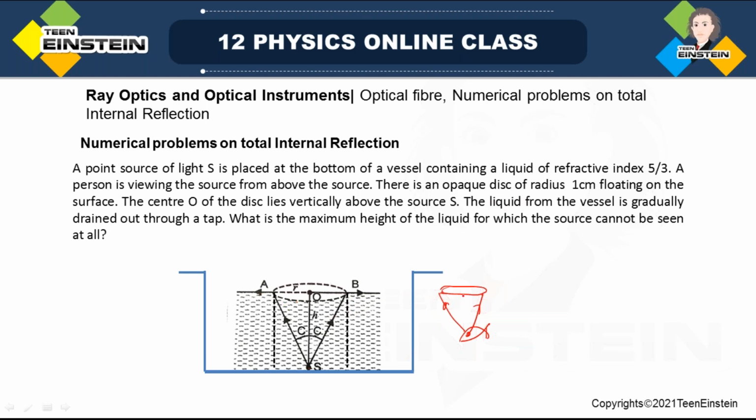See, they can see only this portion. Beyond that they cannot see. So they can see things through this particular circle. They cannot see beyond it. I'll tell you why it is so.